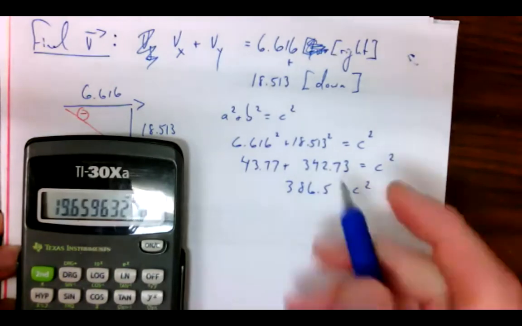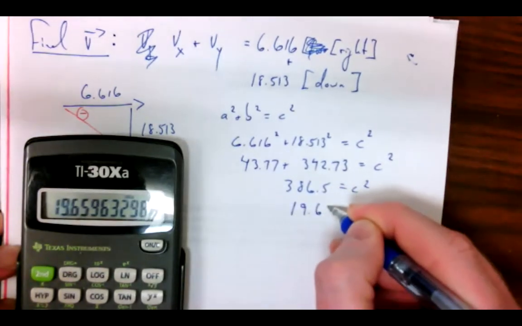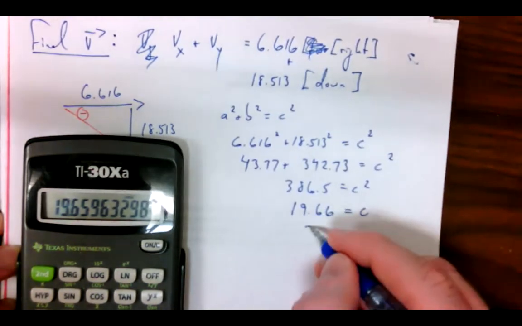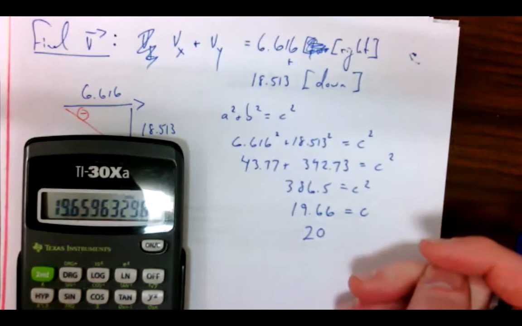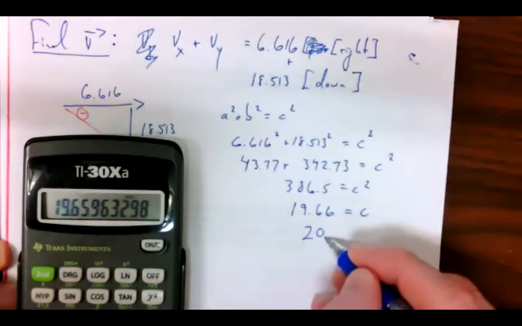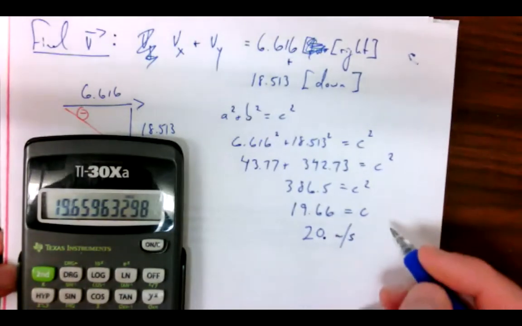So the root of that, 19.66 equals C. Round to 2 sig figs. Is this 2 sig figs? Yeah. 2 sig figs, so we need a decimal here, 20. meters per second.